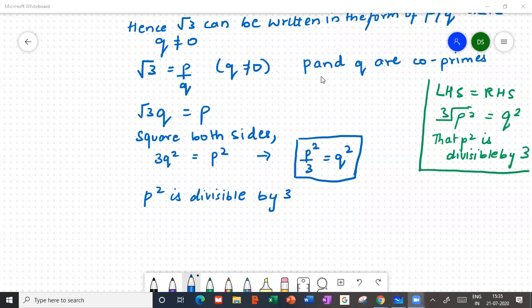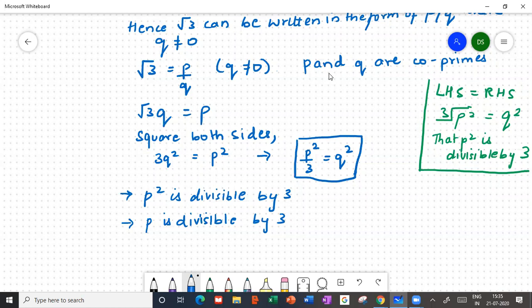Okay, so p square is divisible by 3, and since this is the case, I can go one more step ahead and write that p is divisible by 3. Correct.